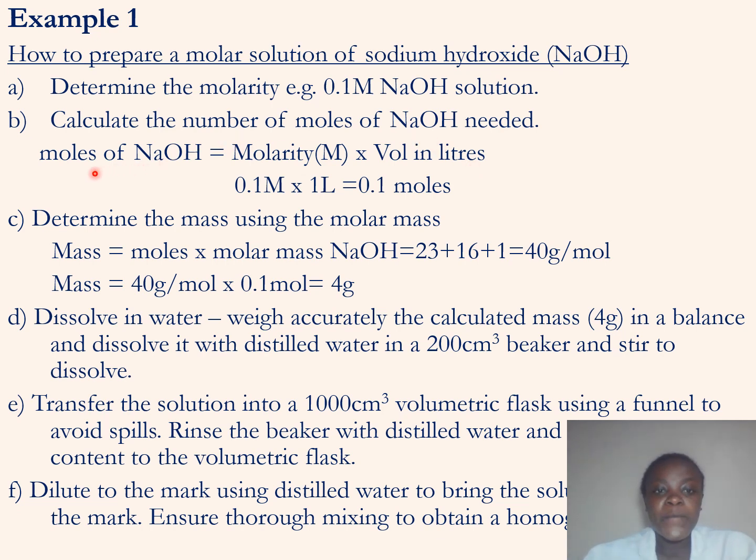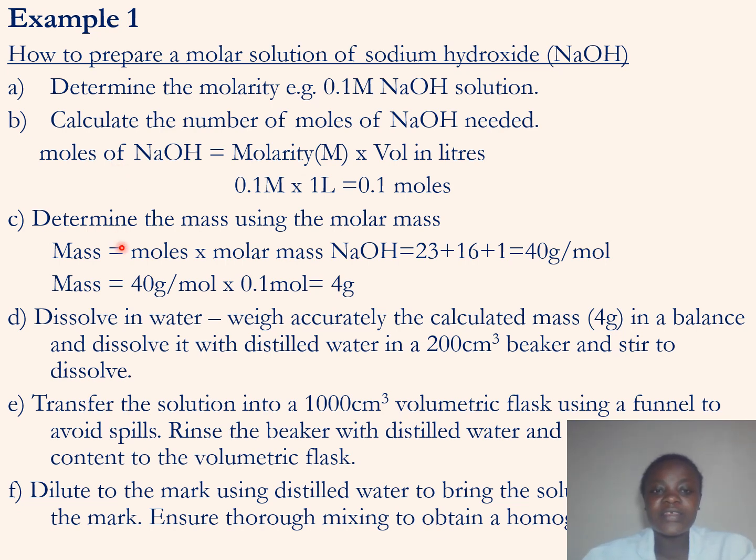Now moles is calculated using the formula molarity times volume in liters. The molarity is 0.1 molar and the volume is 1 liter. So 0.1 times 1 will give us 0.1 moles. So the number of moles of the solute that we need to use is 0.1 moles.